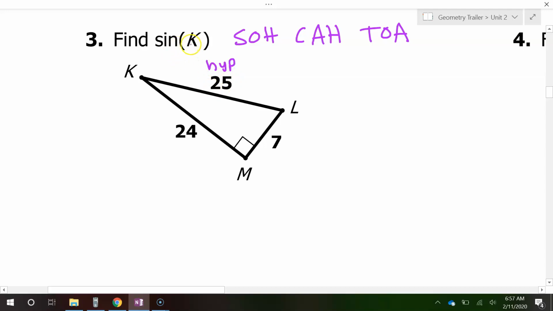Now, we are dealing with angle K, so we have to circle that angle, draw an arrow, and that's going to be pointing right at the opposite side. That means the 24 must be adjacent. Now, for this problem, we're supposed to be finding the sine of K, so let's write that down. Sine is opposite over hypotenuse, so that will be 7 over 25.